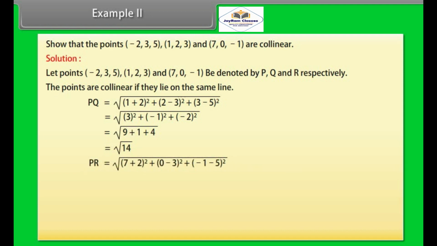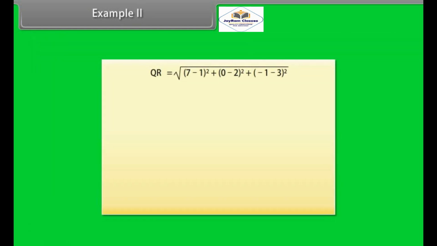PR = square root of (7 + 2)² + (0 - 3)² + (-1 - 5)². After calculating PR, we get 3 into square root of 14. QR = square root of (7 - 1)² + (0 - 2)² + (-1 - 3)².